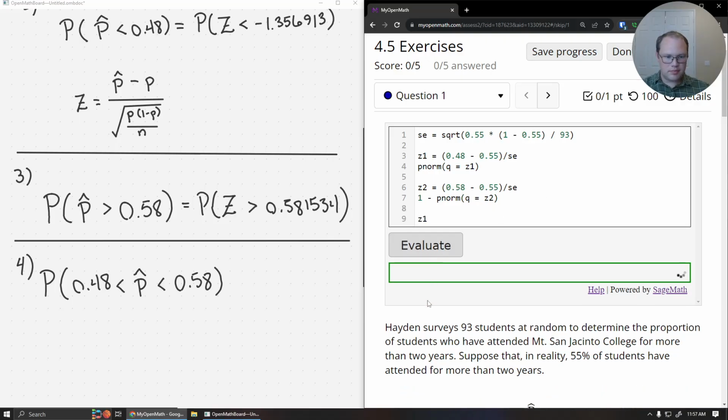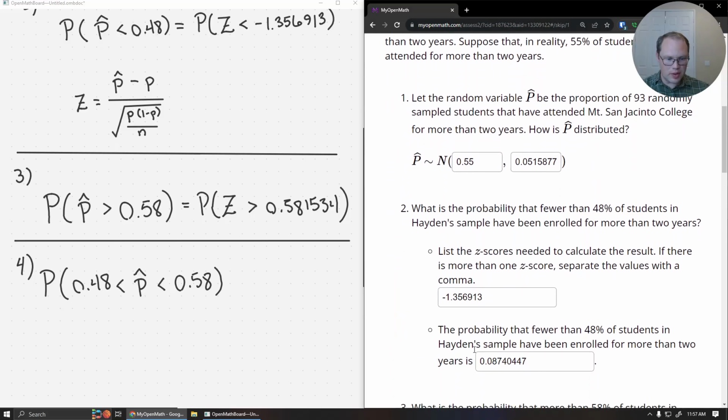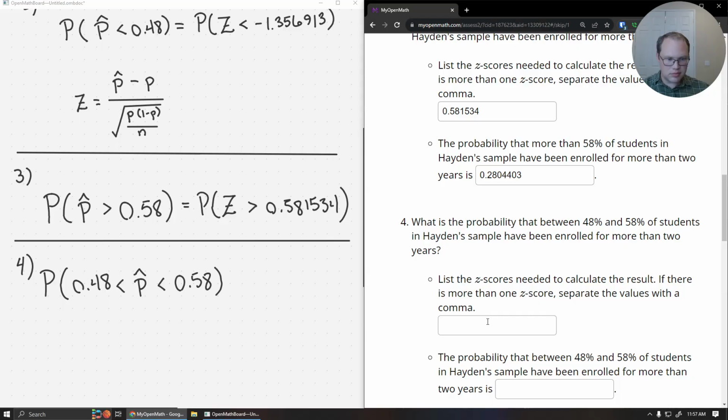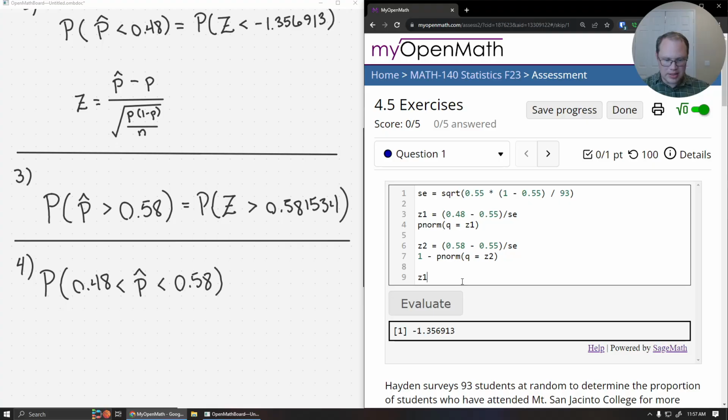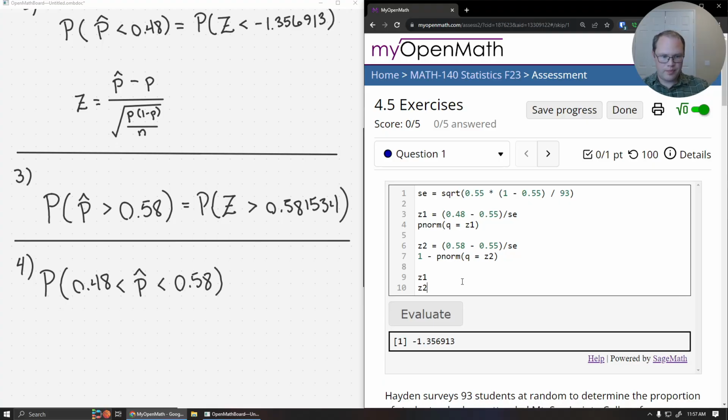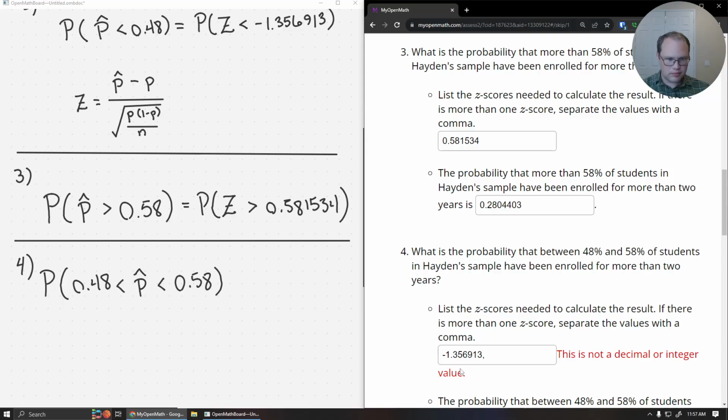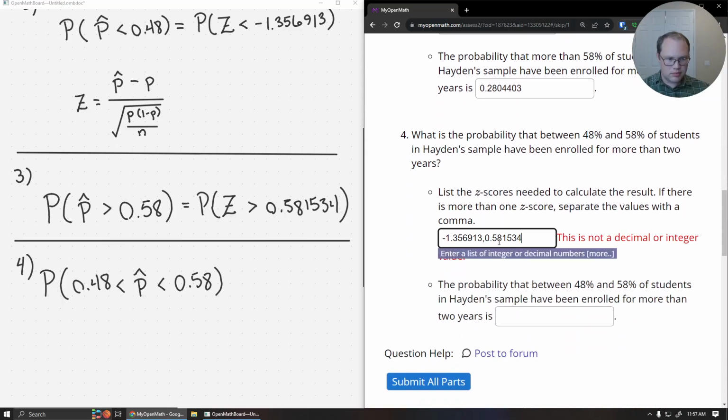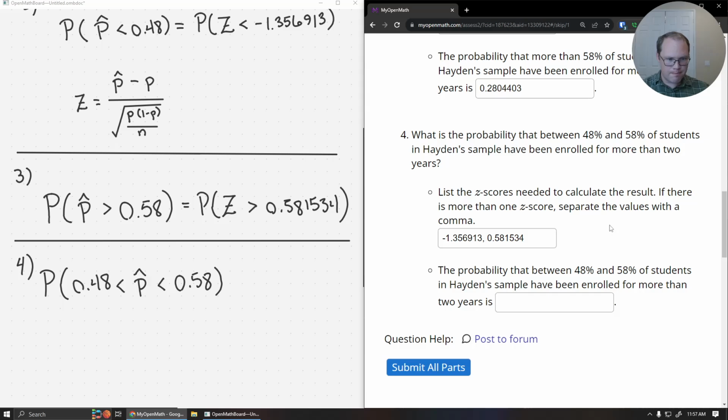So the z-scores I'm interested in are the z1 and z2 that I've already calculated. z1 was negative 1.356913. And then there's another z-score, which is my z2, which is 0.581534. I separate them with a comma. Okay?